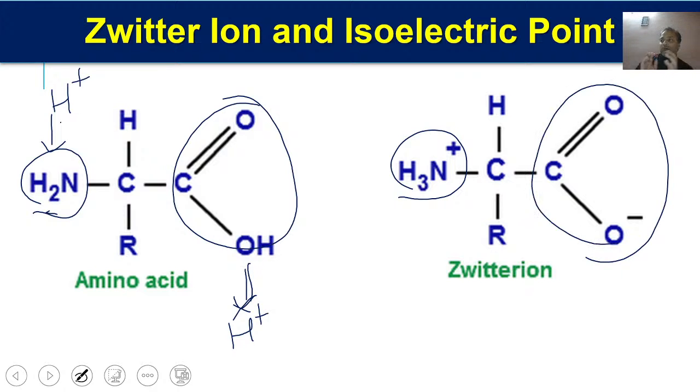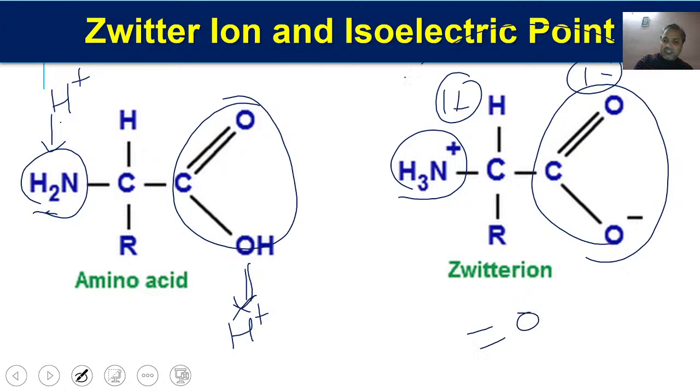Any compound which has both positive charge and negative charge together on the same compound at the same time will have an overall charge of 0. In this case, one positive charge and one negative charge means the overall charge is 0, so they counter each other. This is an electrically neutral molecule.